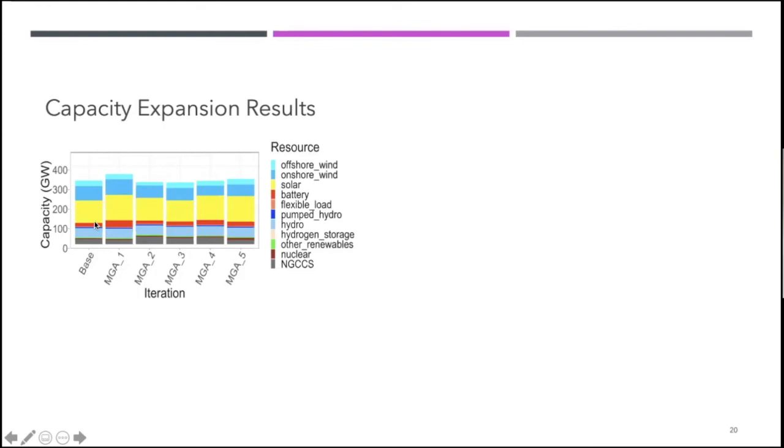It looks quite similar. But the point to note here is that we have 6 regions and multiple states in those 6 regions. And the capacity that we want to expand for a particular resource overall might be similar to the base case level, but where you want to build that capacity can change drastically.